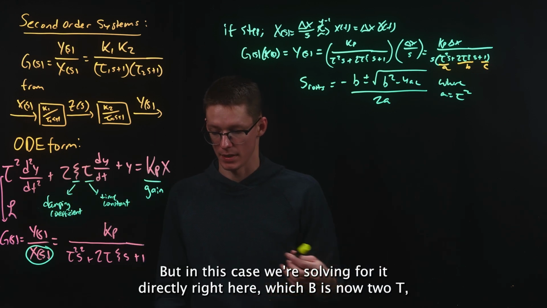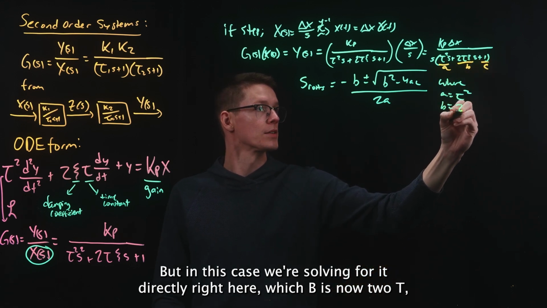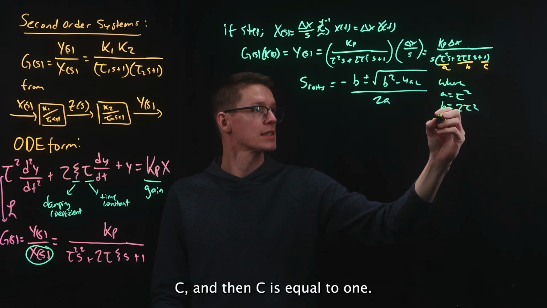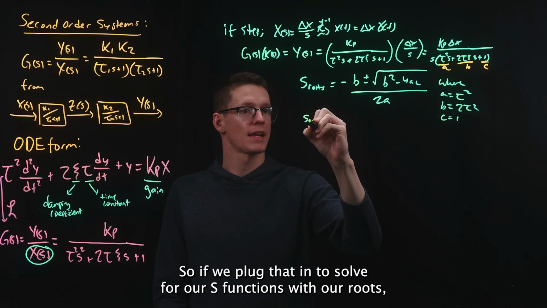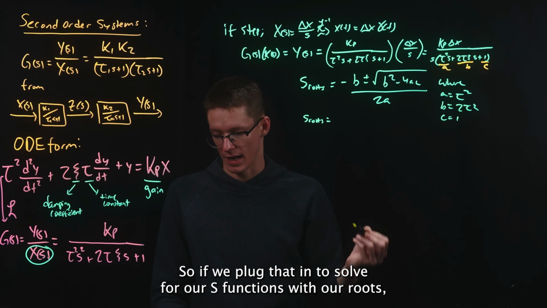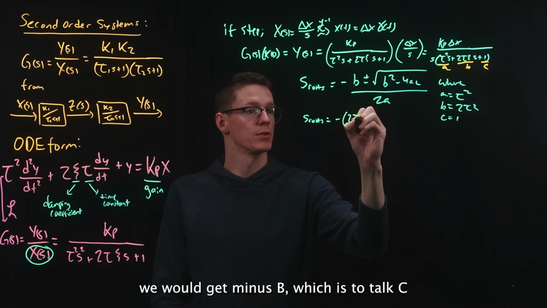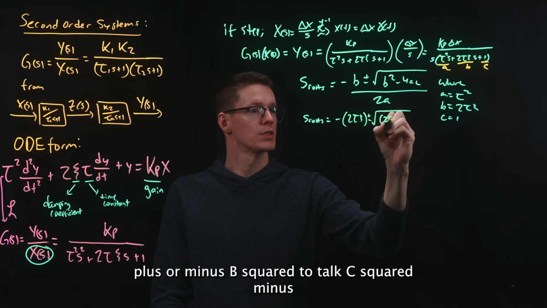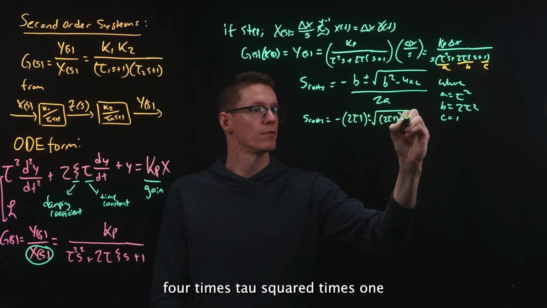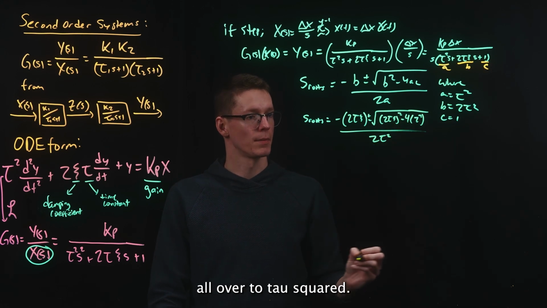In this case, b is 2 tau zeta, and c is equal to 1. So if we plug that in to solve for our roots, we would get minus 2 tau zeta, plus or minus the square root of (2 tau zeta) squared minus 4 times tau squared times 1, all over 2 tau squared.